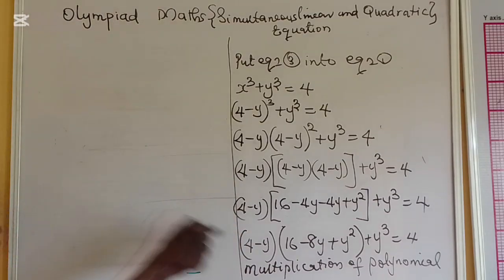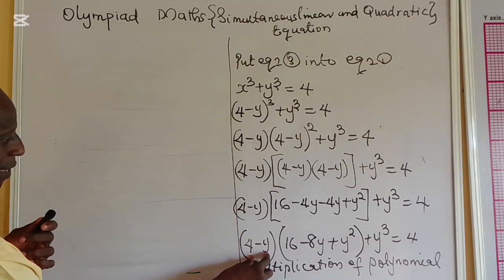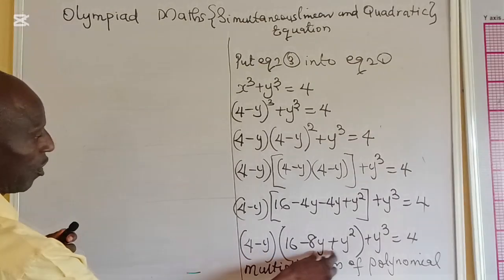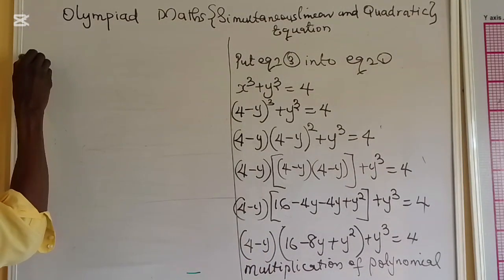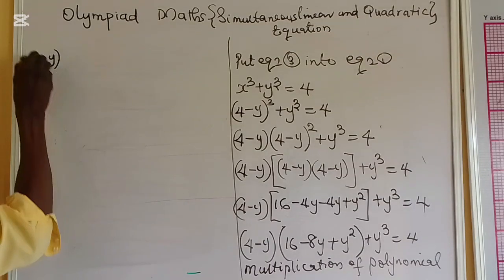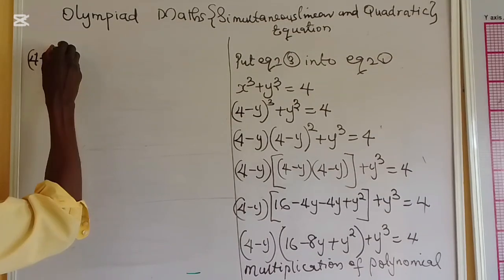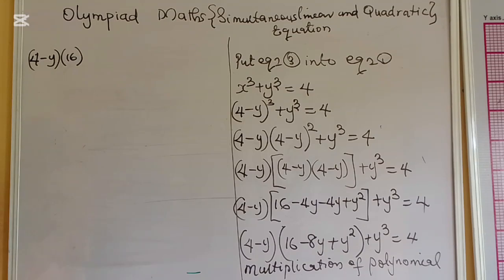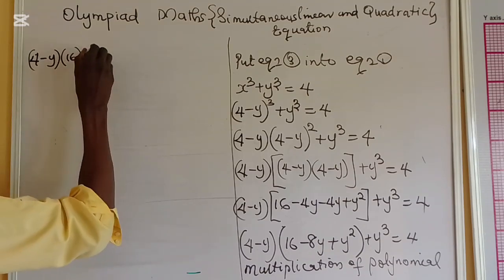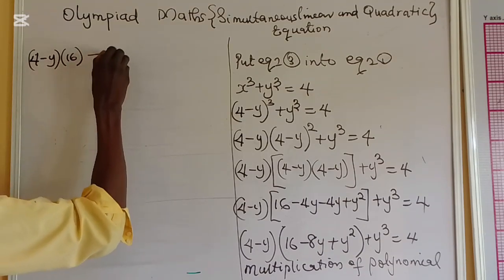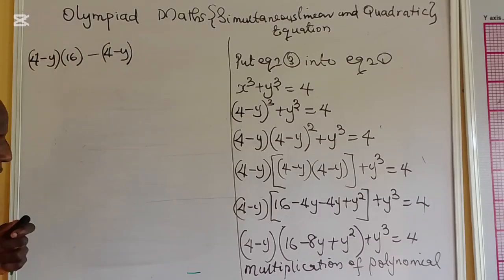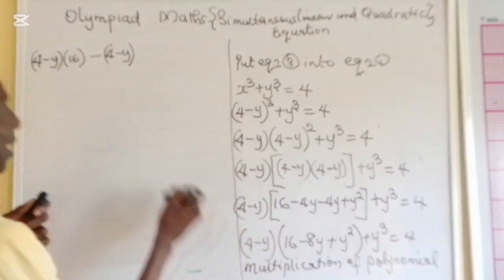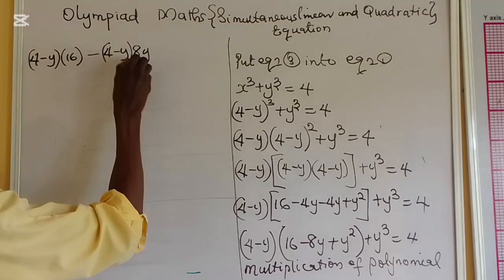Now, I will use this (4 minus y) to multiply each of the terms. So here is (4 minus y) multiplying 16, then (4 minus y) multiplying minus 8y.